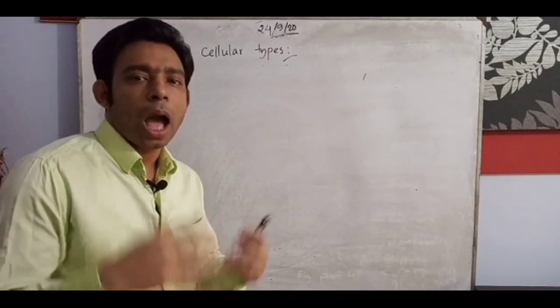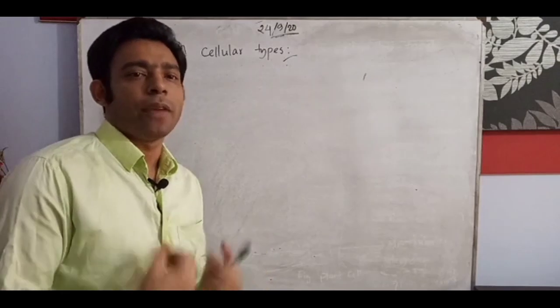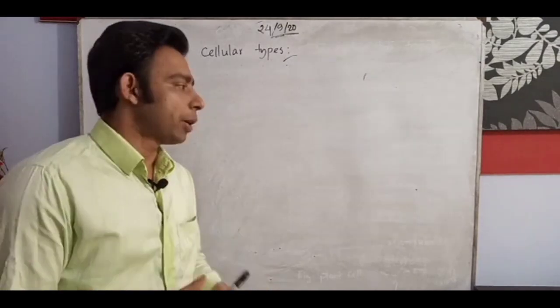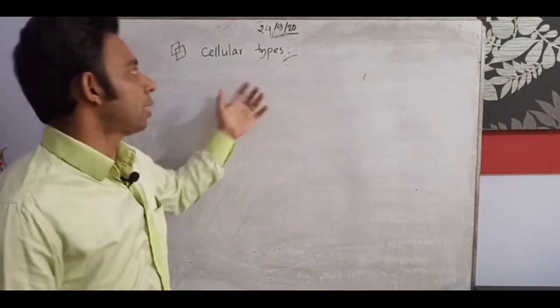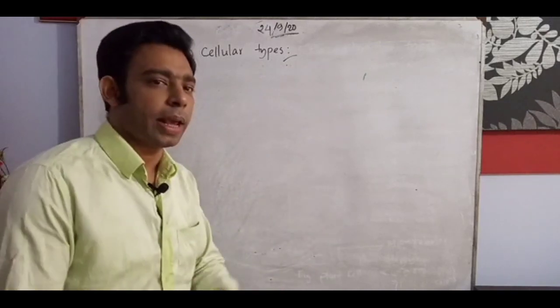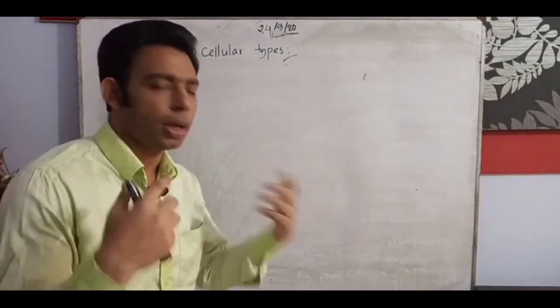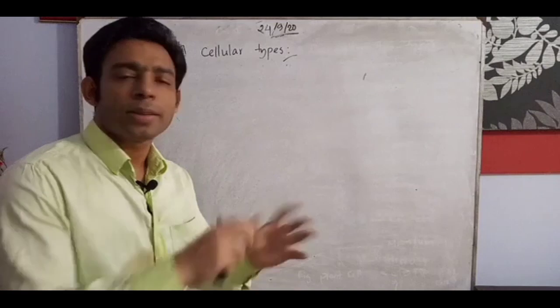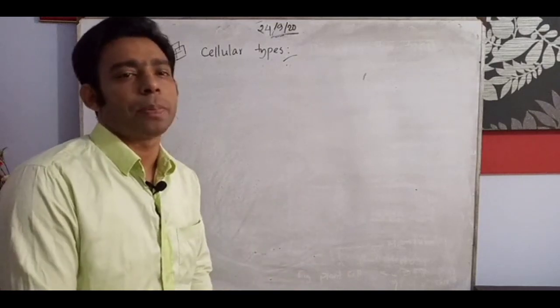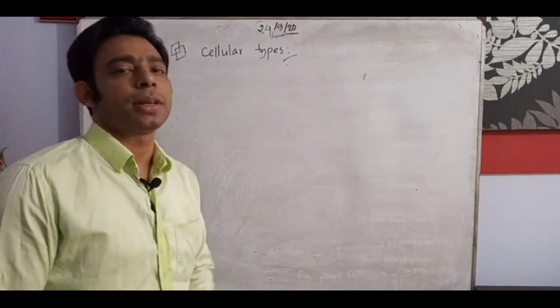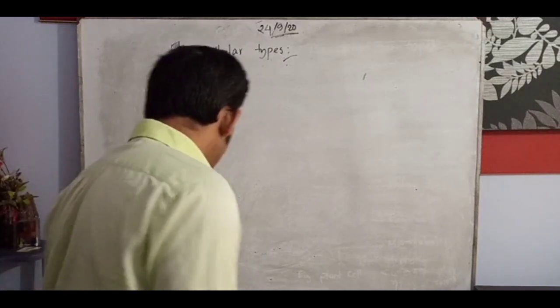The matter is how much knowledge we enrich in ourselves. So today, last class I told you the cellular types, but actually we went through understanding the drawing figure of the plant cell. Cellular types are of lots of kinds, and we are going through them today.